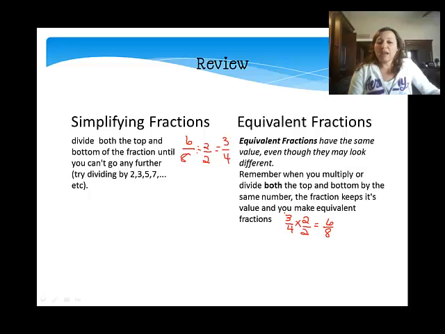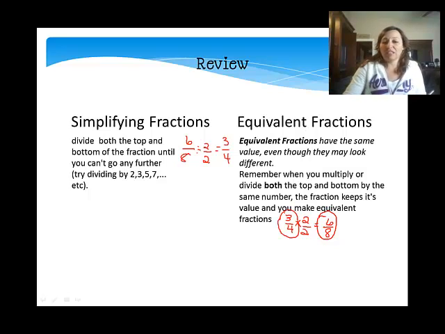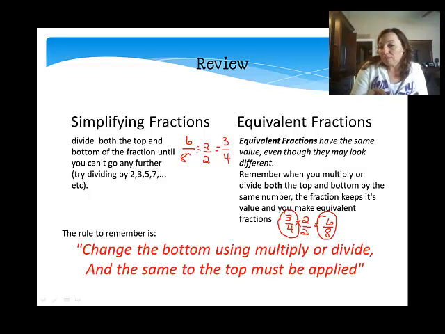So we just made an equivalent fraction. So 3/4 times 2/2 gives us 6/8, and we can say that 3/4 and 6/8 are equivalent fractions. So the rule to remember is you change the bottom using multiply or divide, and the same to the top must be applied. So that's equivalent fractions and simplifying fractions.